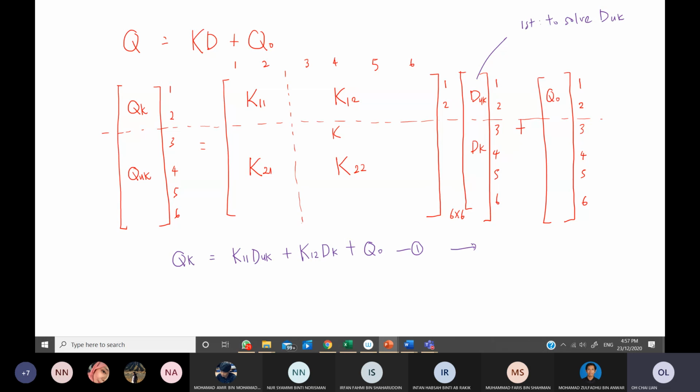From this, you can solve for D unknown, the unknown displacement, D1 and D2.